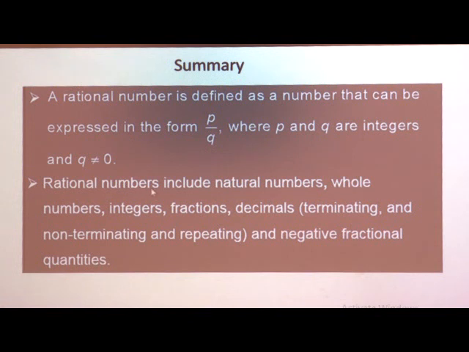A rational number includes natural numbers, whole numbers, integers, fractions, decimals, terminating and non-terminating repeating decimals, and negative fractional quantities.